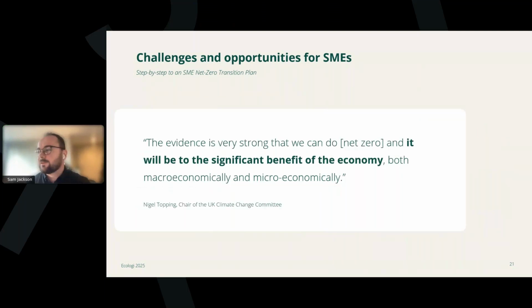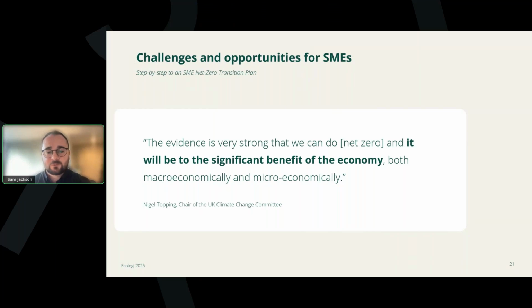I'll pick up the pace slightly because I appreciate I've only got a few minutes. And I alluded to the evidence there. This is only a short session on a practical webinar, but don't take my word for it. There is a great wealth of evidence, and I've just picked out one quote associated with the research that the UK's Climate Change Committee put out, from Nigel Topping as the new chair, which I think encapsulates it really well.